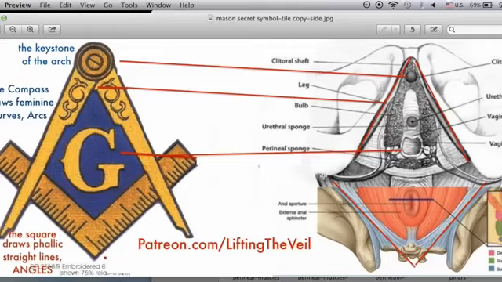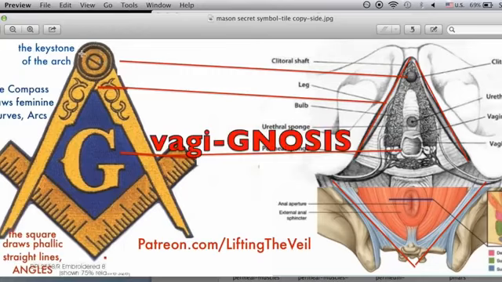And this is what no one else is going to tell you, is that, as you can see here, we have in the Masonic compass, which draws feminine curves or arcs, you have the arch, or the keystone of the arch, which represents the clitoris, as well as you have the legs of the entire body of the clitoris, making up what's known as the urogenital triangle.